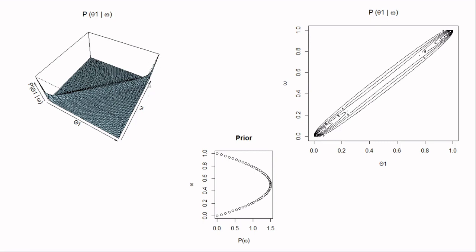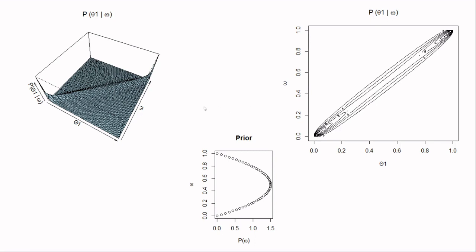You do see that there's a bit of a weird thing going on at the edges, where it seems like we have very high conditional probability of theta 1 given omega, which is essentially just because, like here in the middle, theta 1 can distribute towards lower and higher values, and here it's bounded, so it can only distribute to the higher values, and that's why this is a higher probability here. That's not super important for us. The important thing is that the distribution of theta 1 depends on omega, and this is, as I said, a conditional probability.